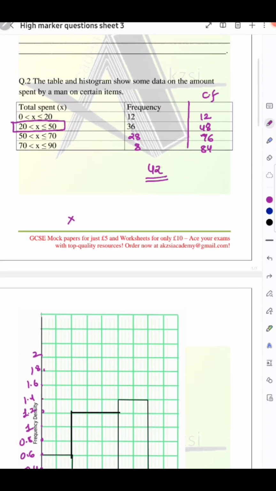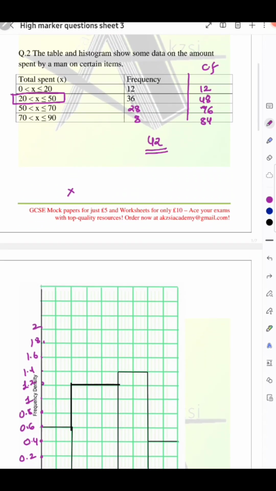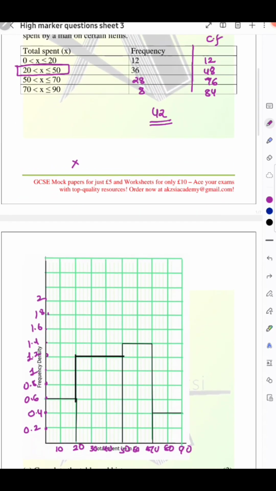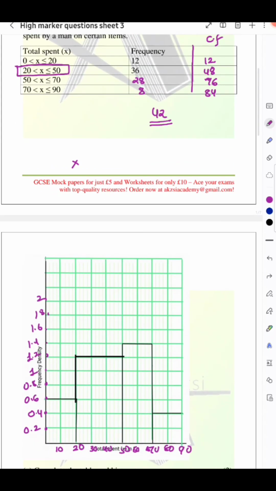If it's the 42nd, it's the position from the beginning. Please focus, this is important. We know that the median is lying on the 42nd position, and we have to calculate the value at the 42nd position. That will be the answer.